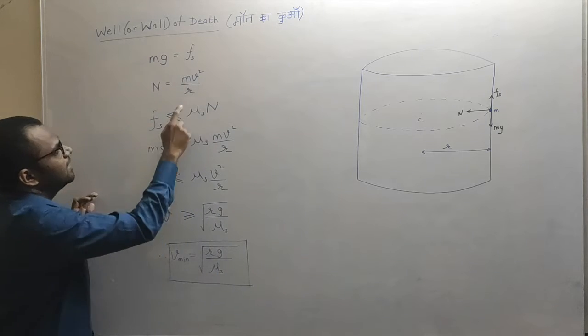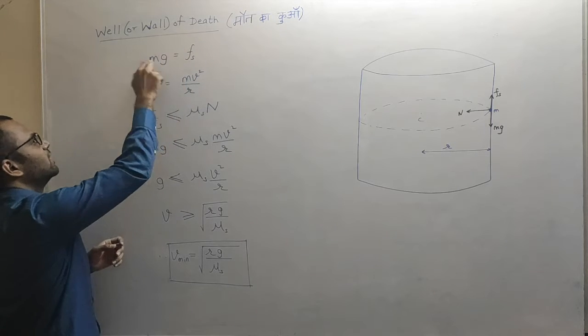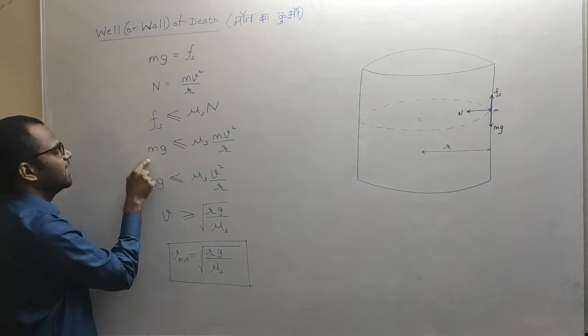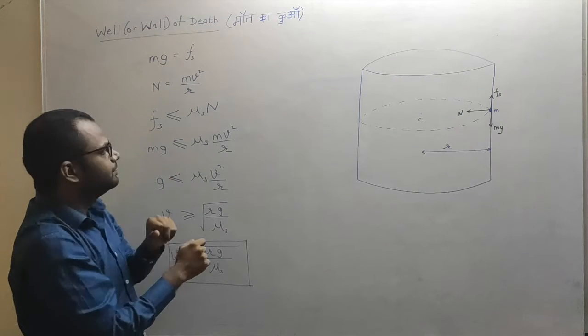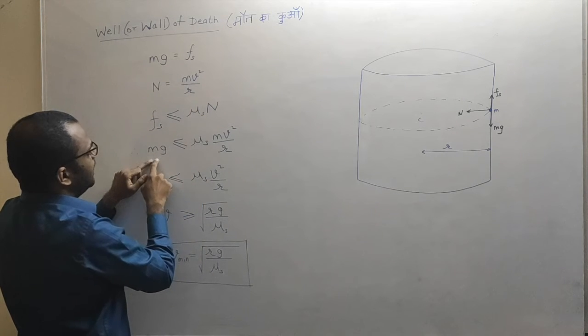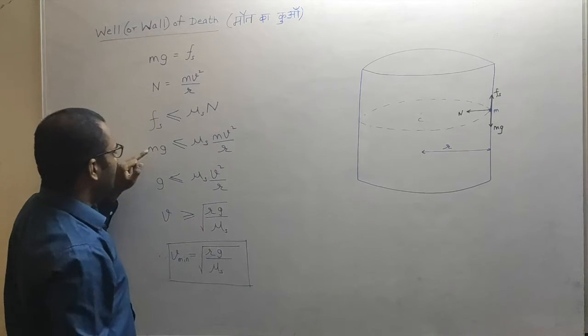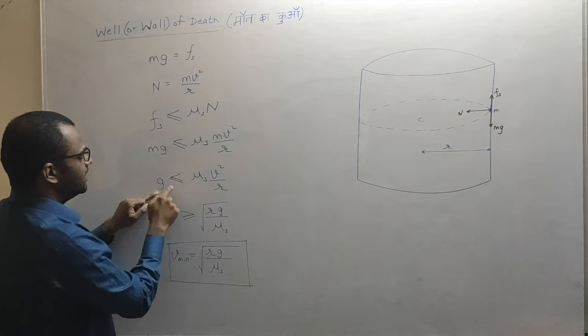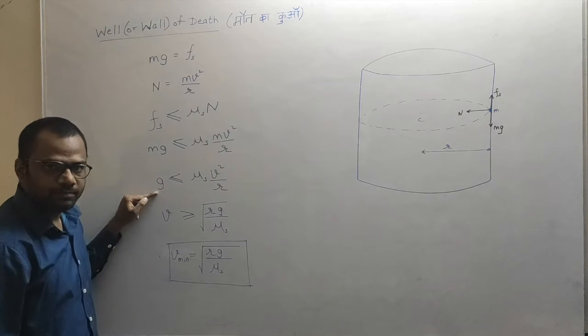Now Fs was nothing but mg, so instead of Fs I have written mg, and instead of N I have written mv square by r. So mg is less than or equal to mu s mv square by r. m will get cancelled. I have g less than or equal to mu s v square upon r.